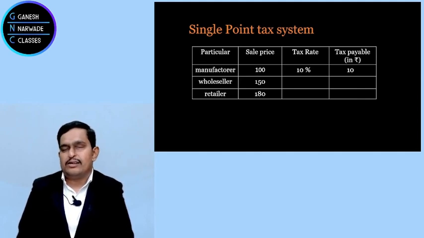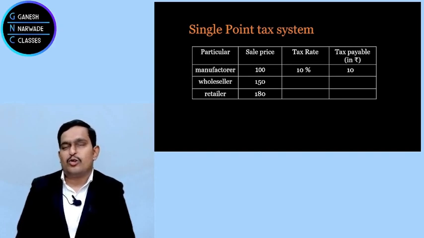But think: on 100 rupees at 10%, the government got 10 rupees. At the next level it was 150, and at the next level it became 180. On 180, if the government could have collected 10%, it would have been 18 rupees. But did the government get 18 rupees? 180 into 10% is 18, right?